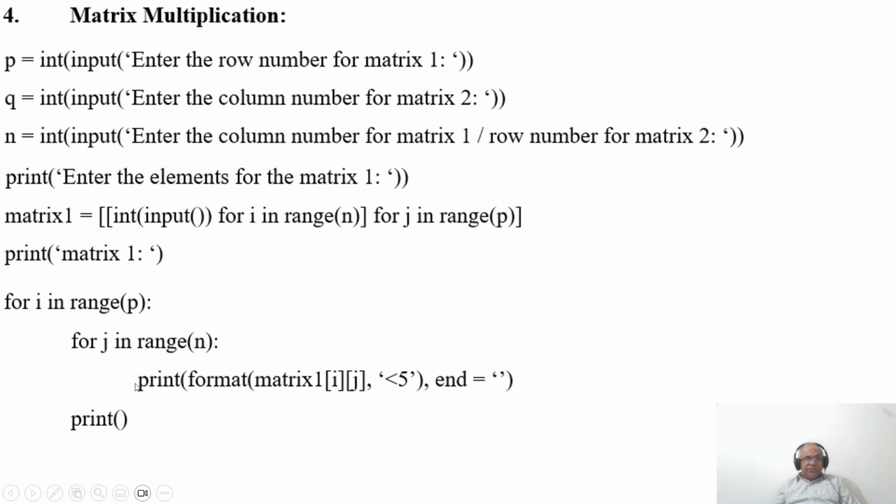After executing the entire jth loop, once it doesn't satisfy the jth loop, it comes out of the jth loop. Then a print function is given to go to the next line. After printing all the elements of the first row with the corresponding columns, to go to the second row I use this print function here.